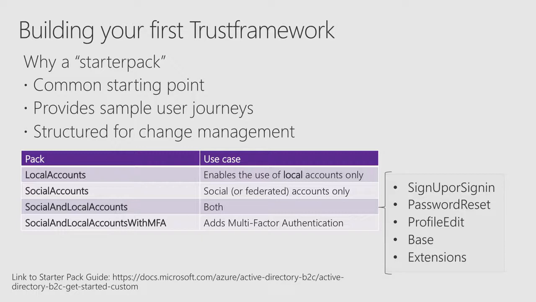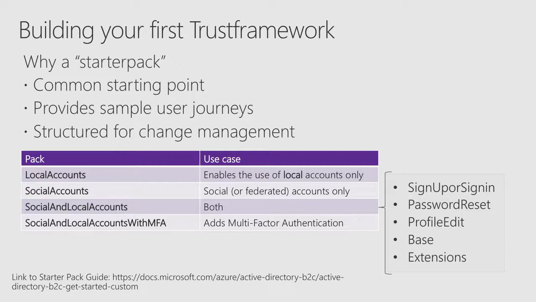So this is the sample trust framework XML. If you download a starter pack and start playing with it, it will come back with 1, 2, 3, 4, 5 XML files, out of which trust framework base has most of the content.